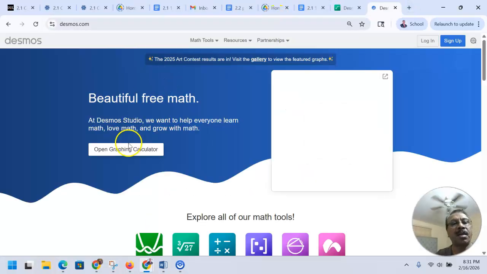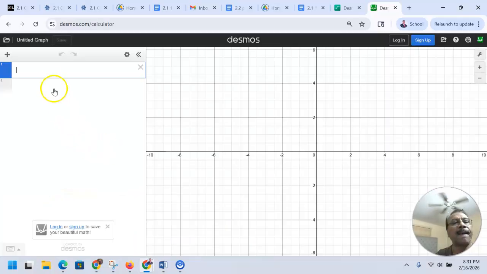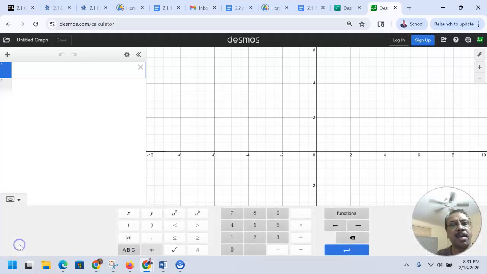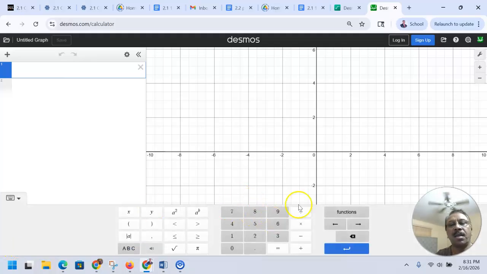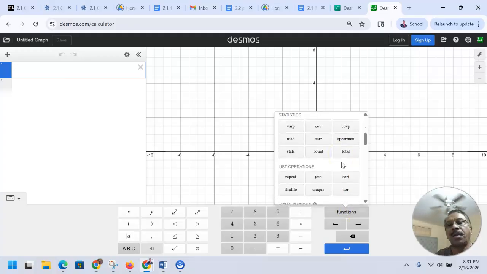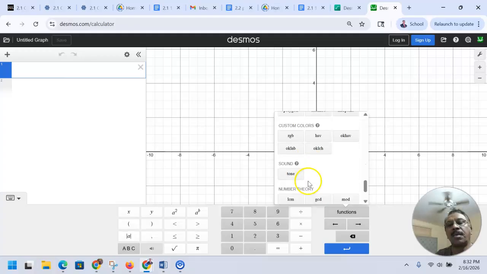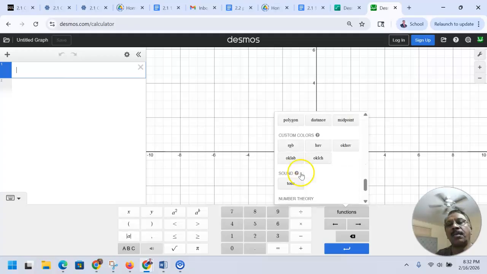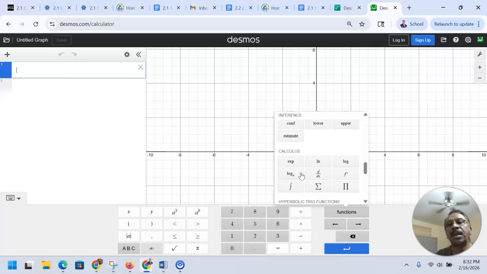Or you can use this way also. Click on this and click on open graphing calculator, and you can start here. There's a keyboard right here, and you can try the same thing. If I want to find 9 nPr, you go all the way down, and it will show up.